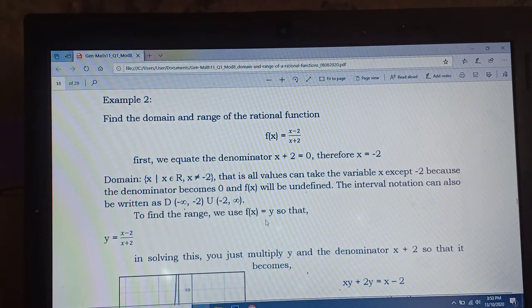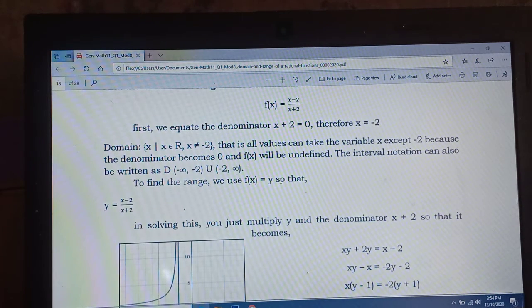Next, we find the range. The same case, find y. We have f of x is equal to y. So we now have y is equal to x minus 2 over x plus 2. Then, solving by cross multiplication, we have y times x, then y times 2. That will be xy plus 2y is equal to x minus 2.